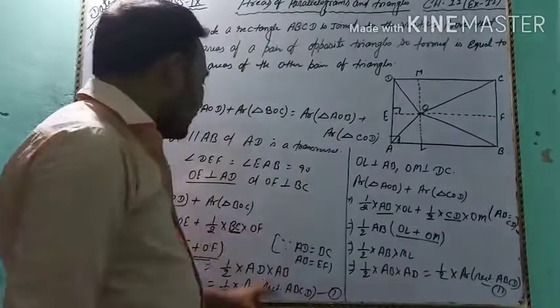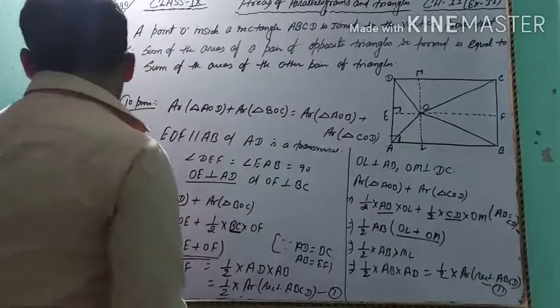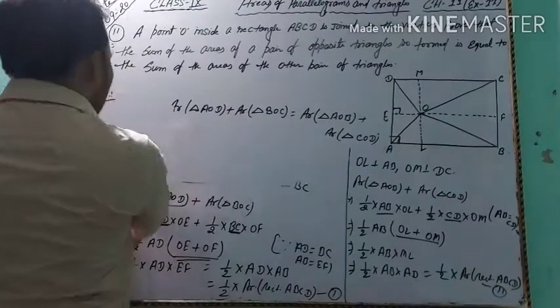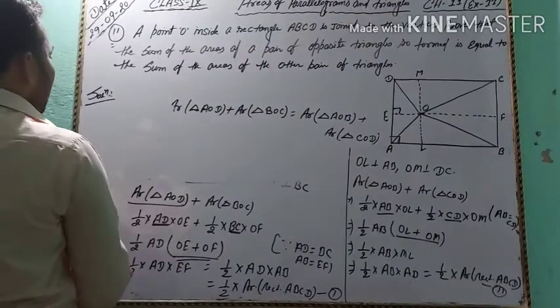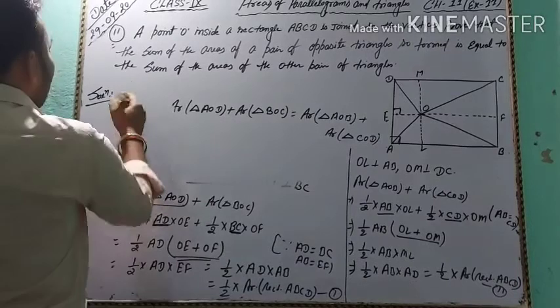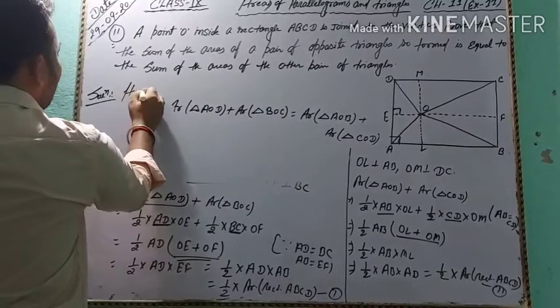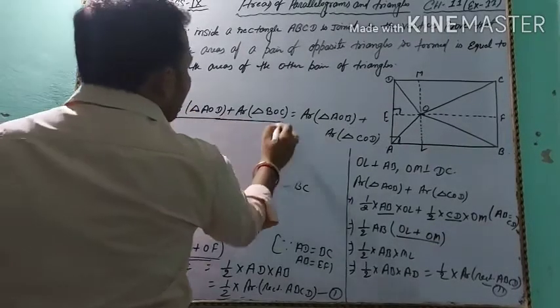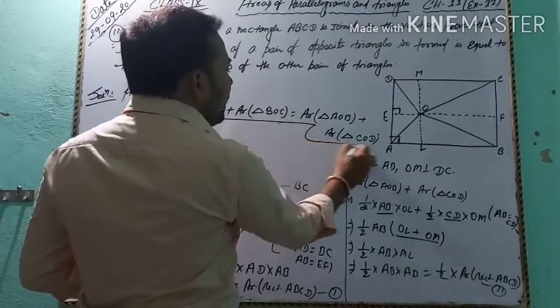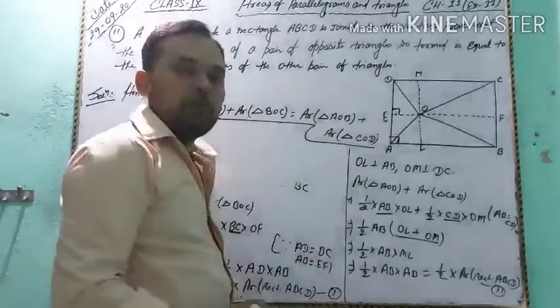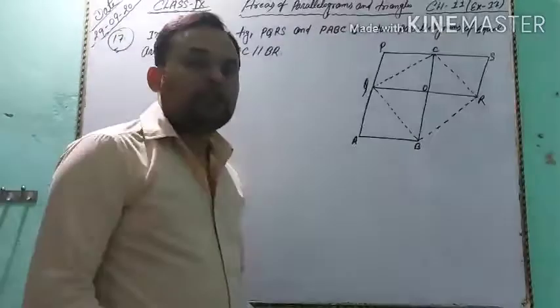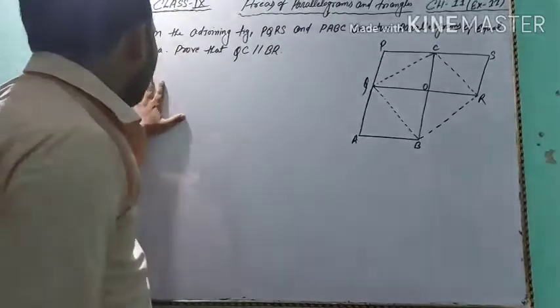RHS is equal, then LHS is also equal. So hence we write that area of triangle AOD plus BOC is equal to area of triangle AOB plus area of triangle COD.